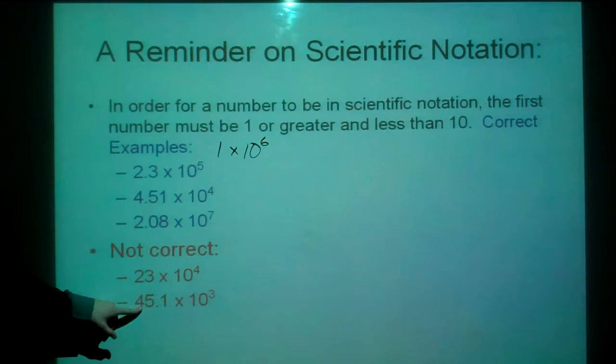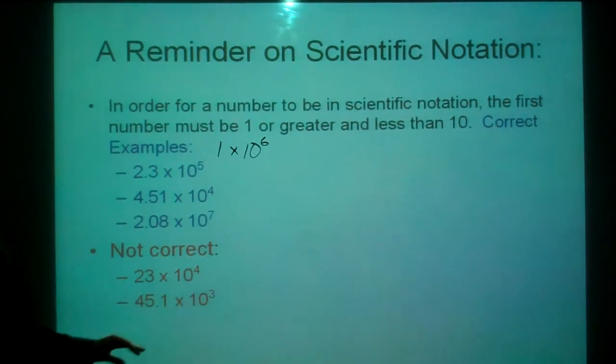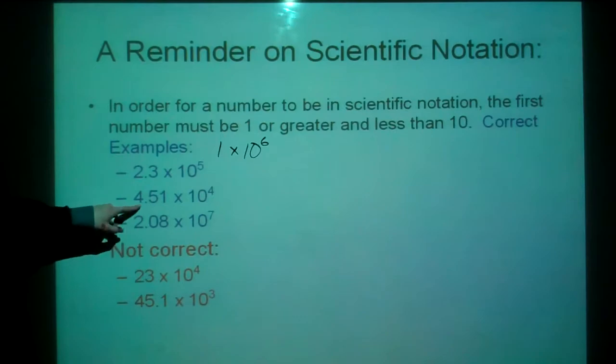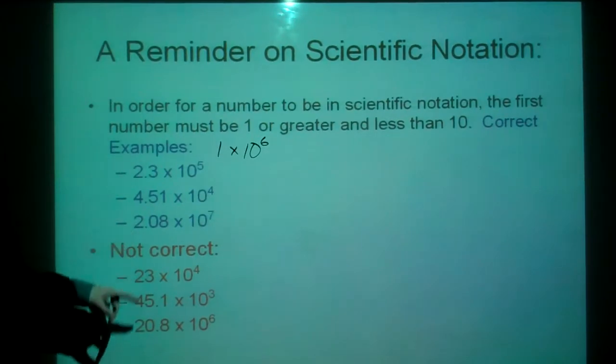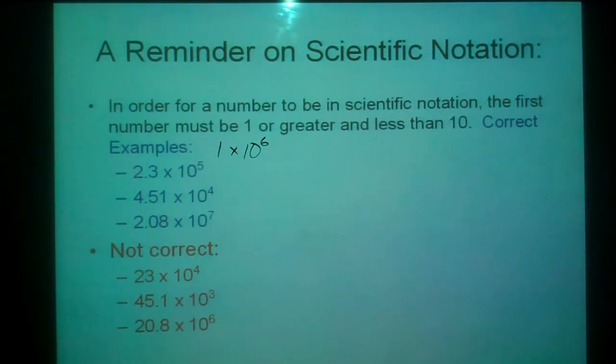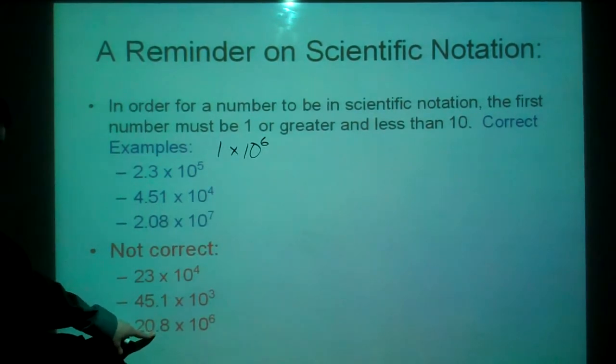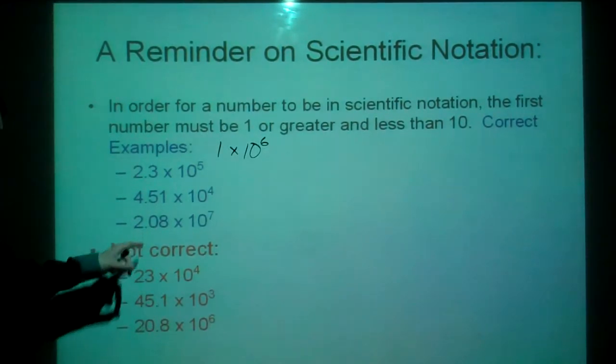This number and this number, if you did the multiplication, they would come out to the same answer. However, this one is not in scientific notation, this one is. And lastly, these two numbers come out the same if you do the multiplication, but this one is not in correct scientific notation, this one is.